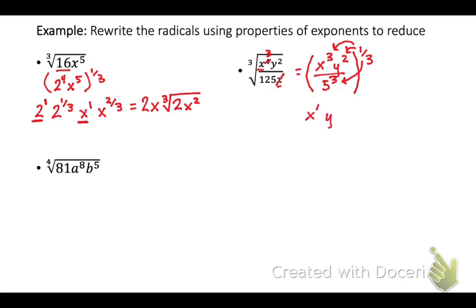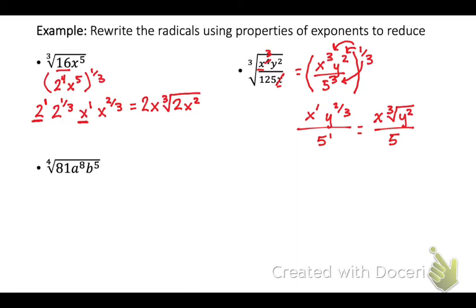So I have y to the 2/3. And my denominator, does 3 go into 3? Yeah, 1 time. So my answer would be x, the cube root of y squared over 5. See how those exponents make it easier to work with? It may add a little bit of a step, but it does still make it easier to work with.